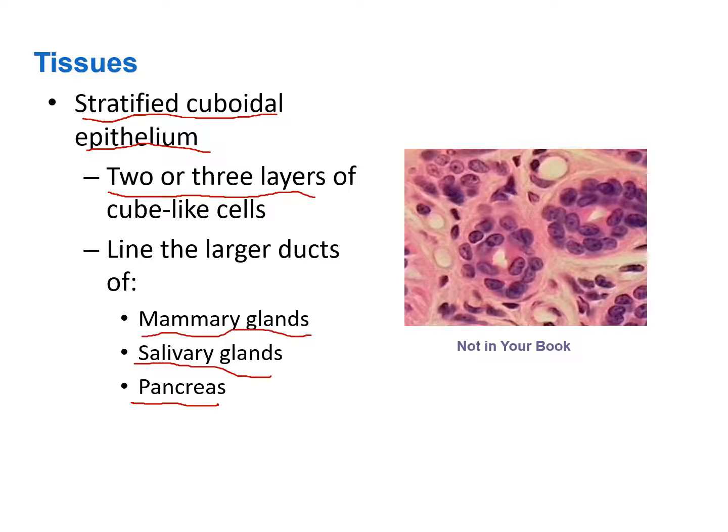So remember that for testing purposes, if I give you stratified and simple cuboidal, I'm probably only going to ask you for one of the answers. It would be very mean for me to ask what cell type is found in the pancreas when we went over both simple cuboidal and stratified cuboidal. So if I ask you about either one, I'm likely only going to ask about one of these.